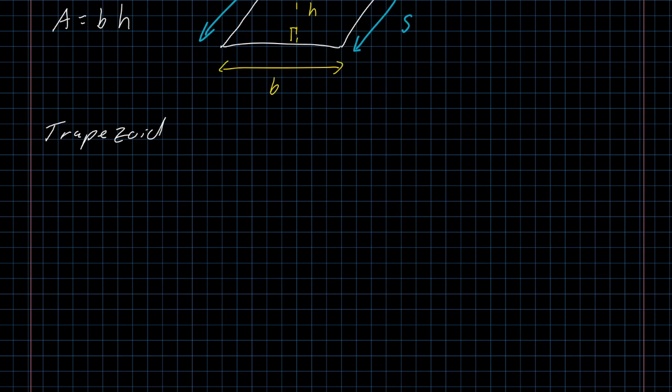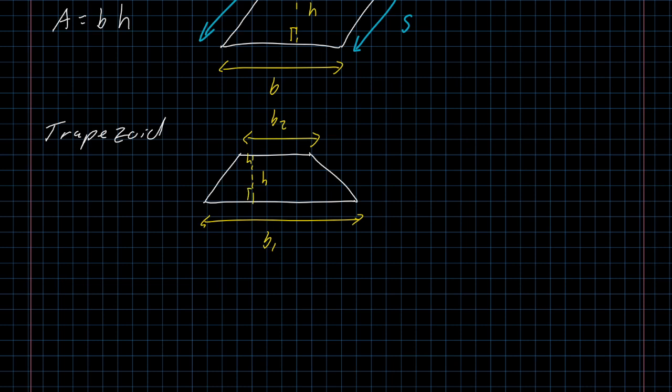All right, I also want to talk about the trapezoid. The trapezoid is the shape that has parallel sides in one pair, and then the other pair does kind of whatever. And so we have these two parallel sides which have different lengths.